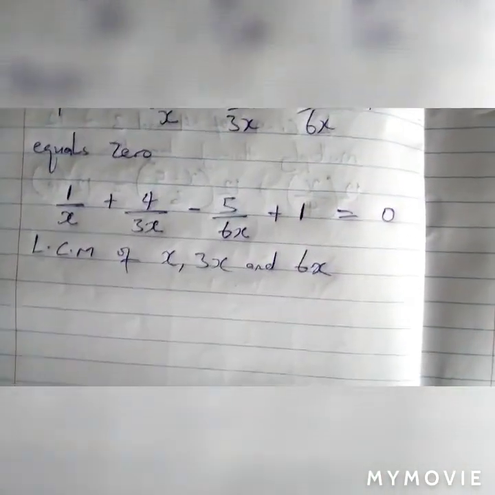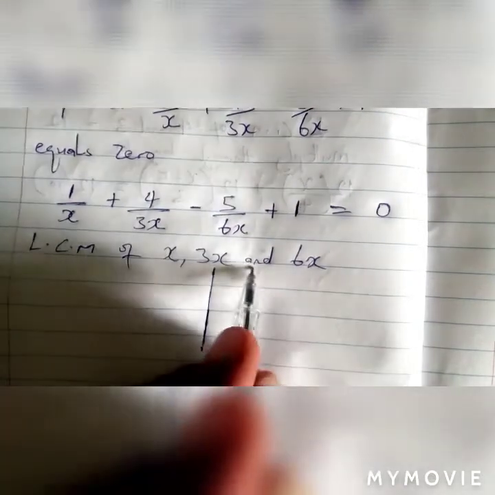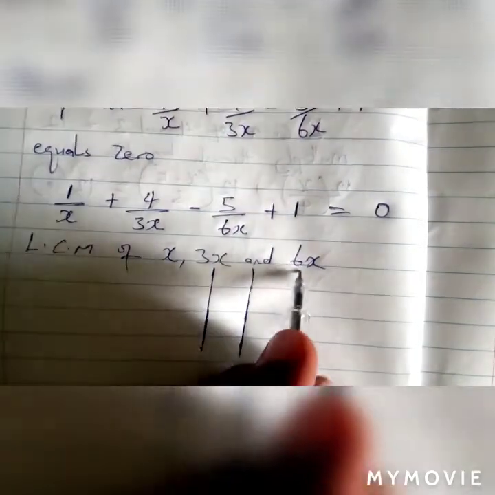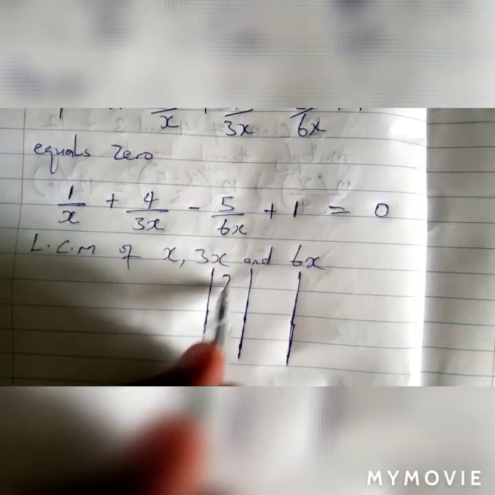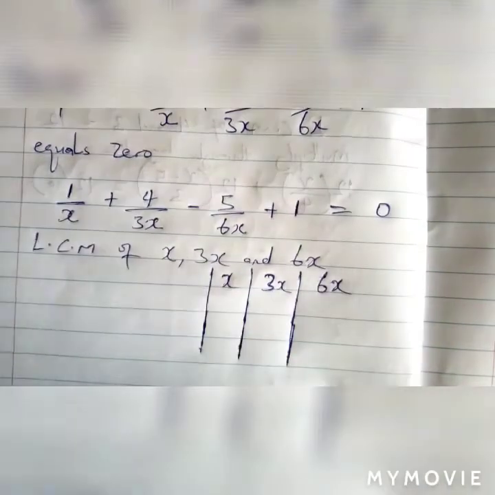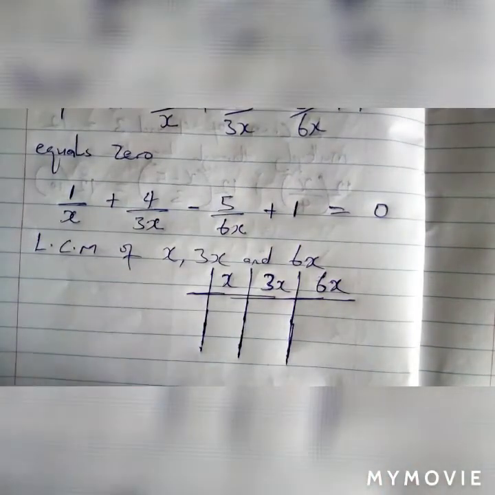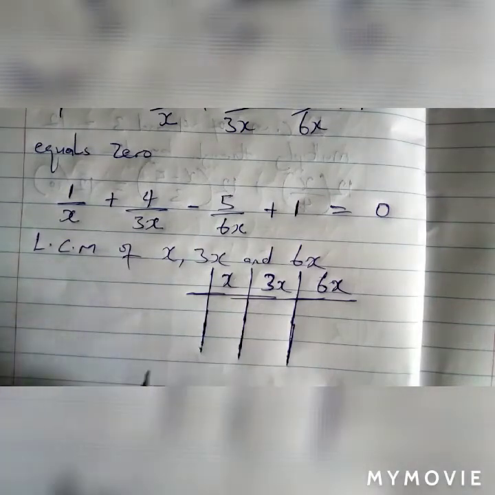How do we get the LCM? Still the same way we get our normal LCM of real numbers. You write your x, you write your 3x, you write 6x. Which letter is common? You see that x is common.